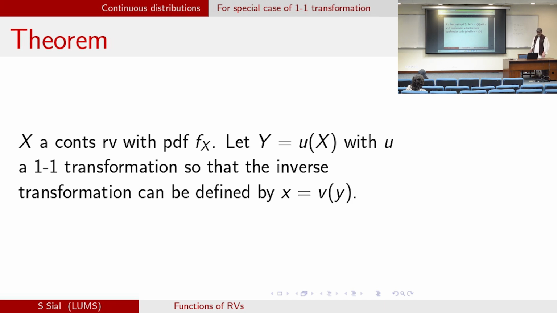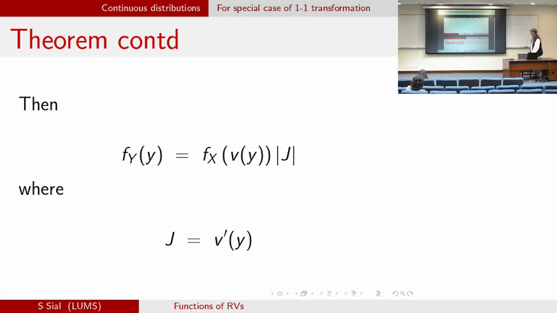Once again, if X is a continuous random variable, it has a PDF f sub X. Y is a function of X, Y equals u of X. If u is 1 to 1, then we think about its inverse, let's say v, and we write X equals v of Y. So we're going to be replacing X by v of Y. There's one technicality.